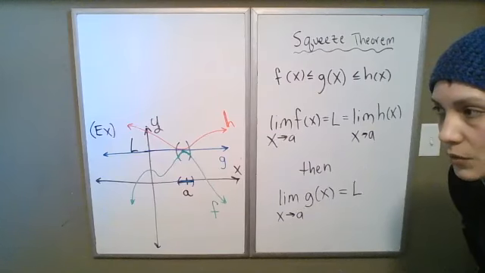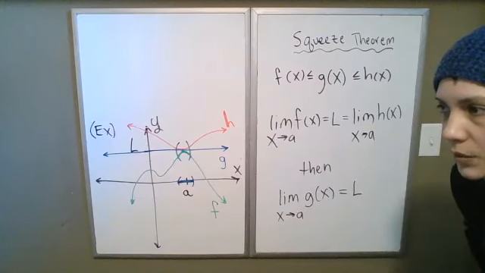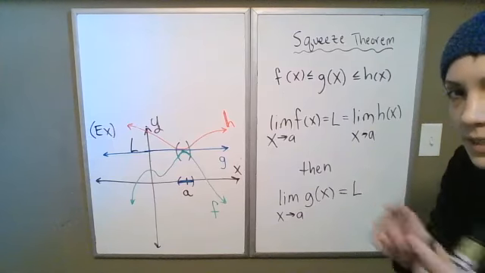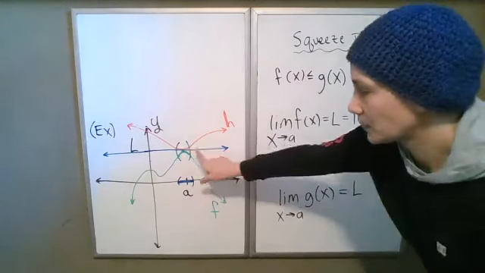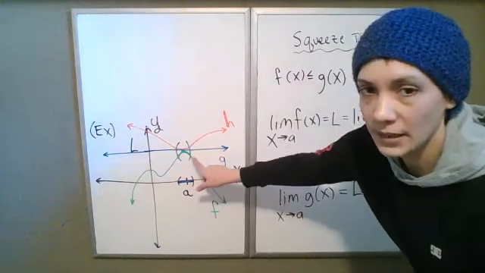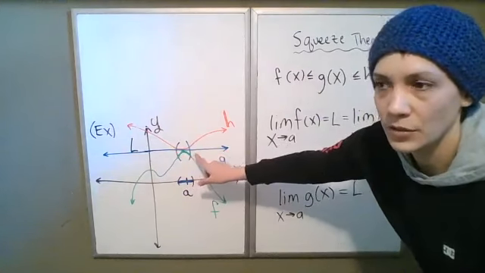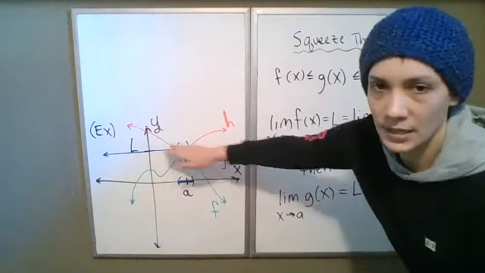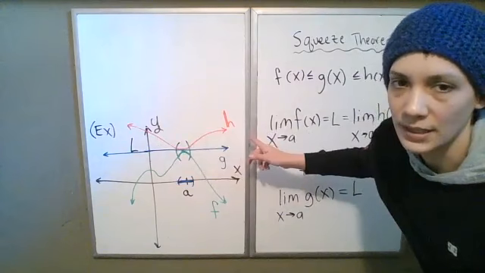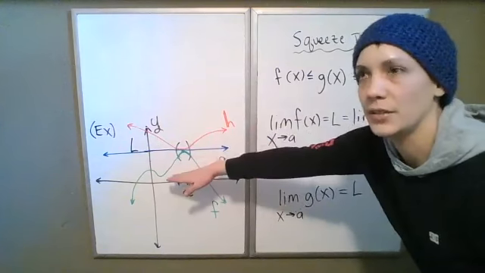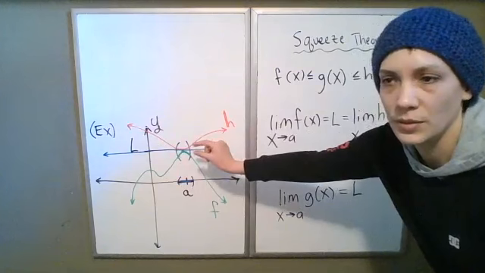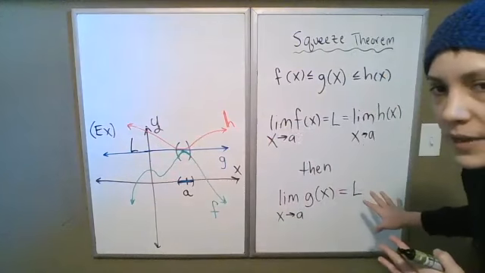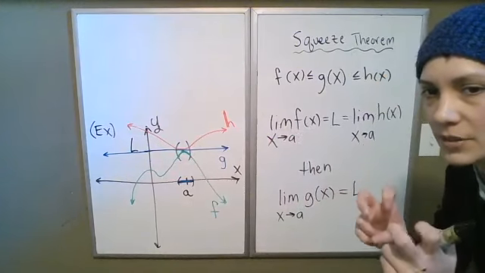But you have a good feeling that its outputs are near L, and maybe you can show that those function values are less than or equal to a nice function, which you can find a limit for easily, and the same from another function, and squeeze those results and get your limit for that maybe messy function.